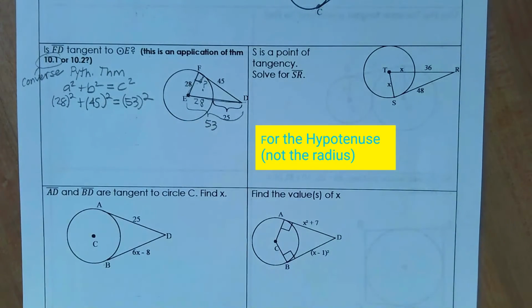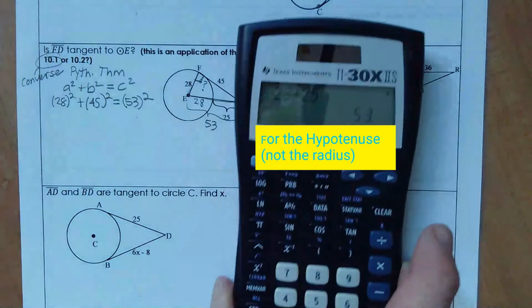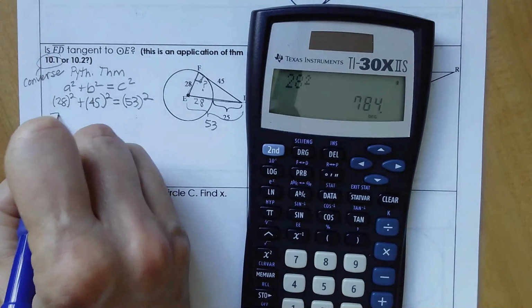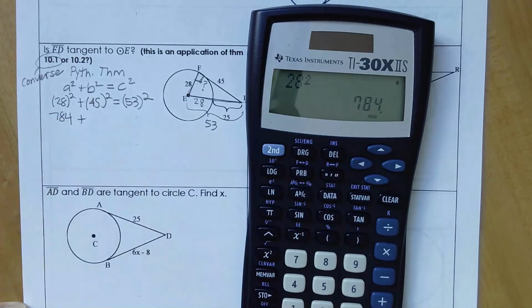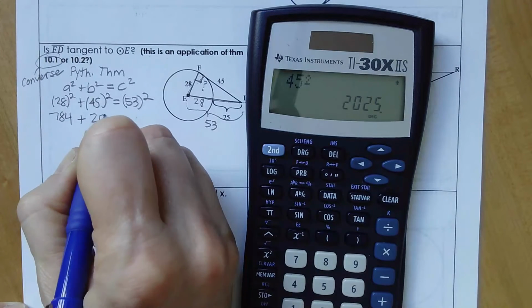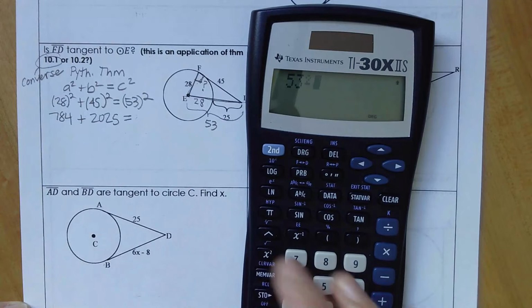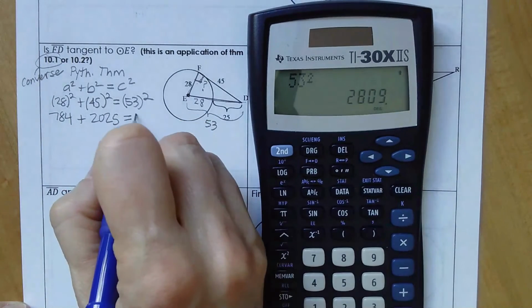So I'm just going to test my sides out with the Pythagorean theorem. So I'll go ahead and do 28 squared, which is 784. 45 squared is 2025. 53 squared is 2809.